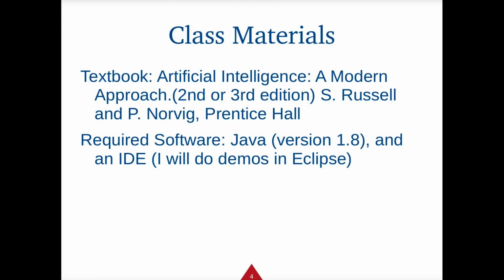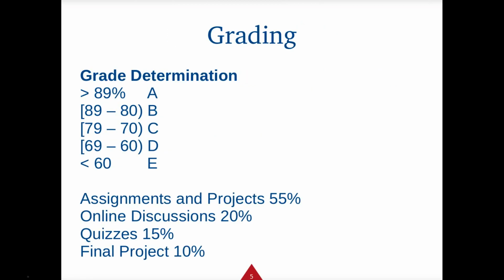But honestly, you can use any IDE you want, and if you convince me, I might let you use some other programming languages as well. The main reason we're using Java is that many of you at U of A use Java in your first few courses. A lot of AI work is done in Python now, but I'm not quite ready to make the move, and many people in the freshman classes use Java.